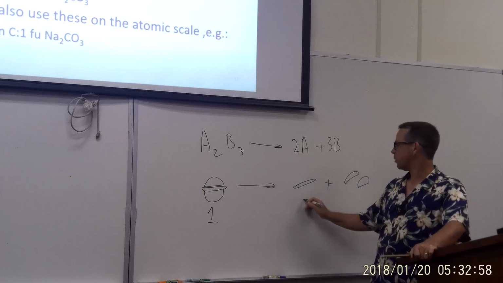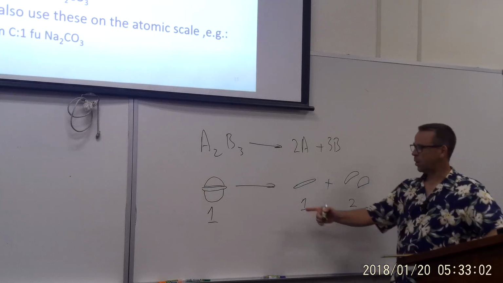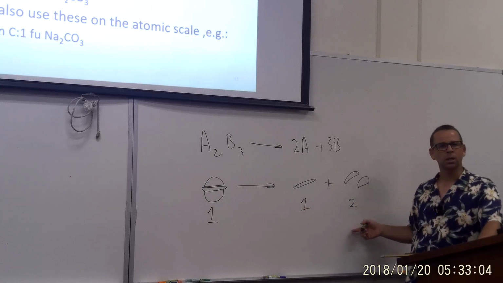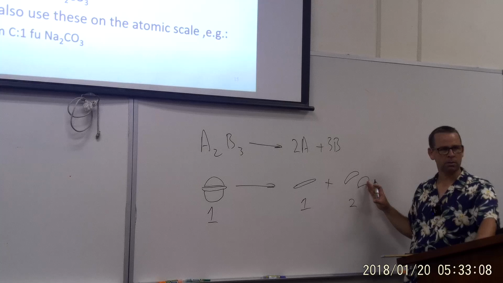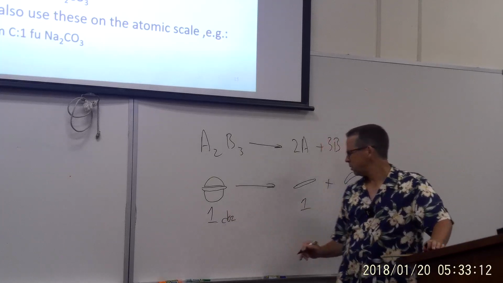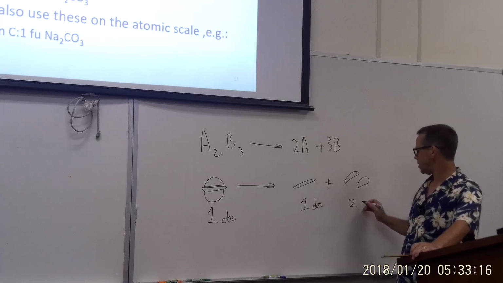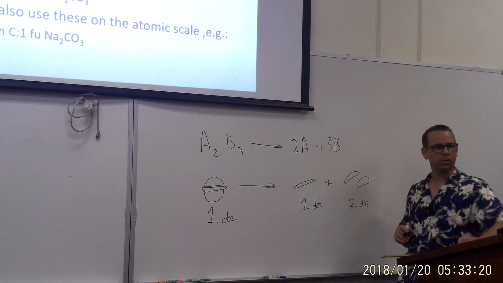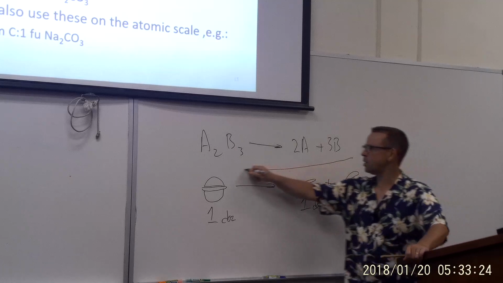And now I have 1 patty and 2 buns. Right? So I had 1 thing and now I have 3. That's not hard to understand what's going on there. Right? If I had 1 dozen of these, I would have 1 dozen of patties and 2 dozens of buns, right? So it's the same scenario here.